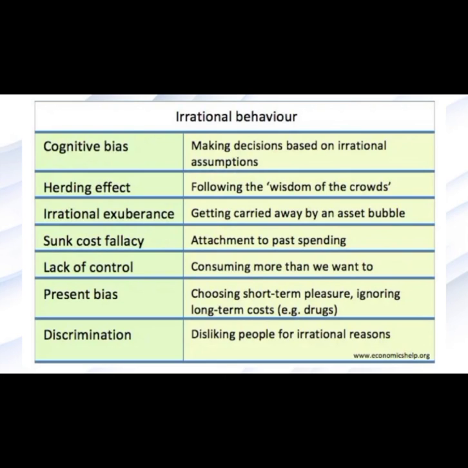Present bias is when we place relatively greater value on consumption in the present moment. In simple terms, it may be rational to save for a pension. For example, the life cycle hypothesis suggests we should try to smooth consumption over a lifetime. However, in practice, around 25% of individuals fail to plan adequately.